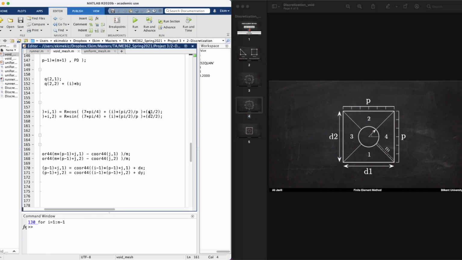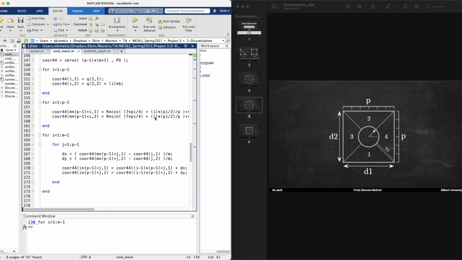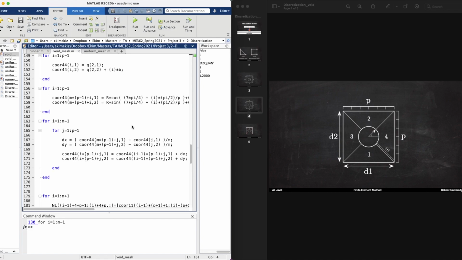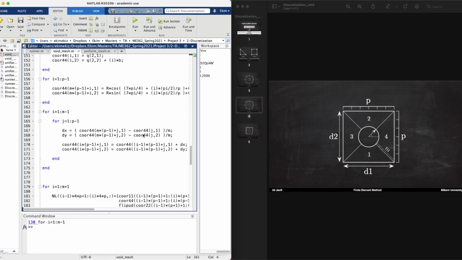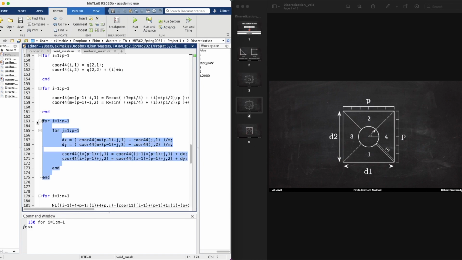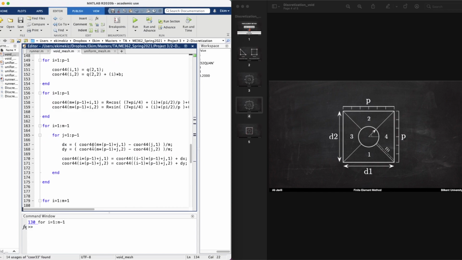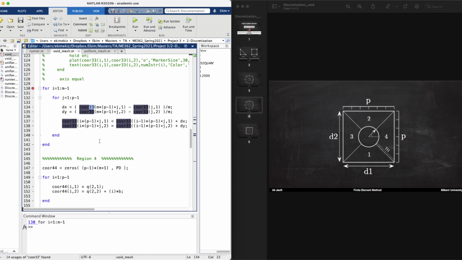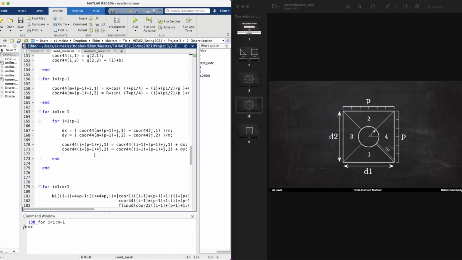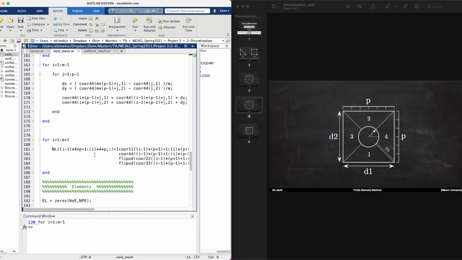And lastly, we add our d1 over 2 and d2 over 2. So that is that. And to generate the remaining nodes, this is the exact same code as core 3.3. It's just we have changed these 3 threes to 4 fours because it's the same logic. Okay. So the hard part of the code is done.